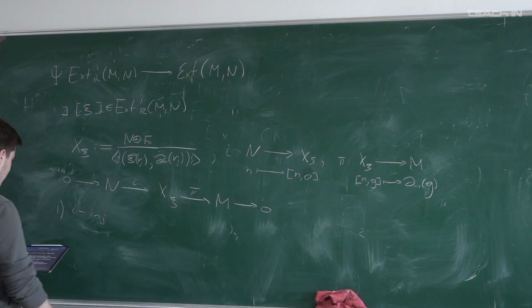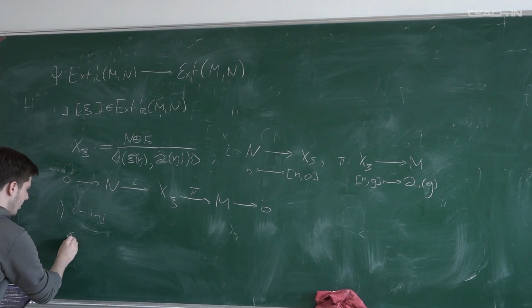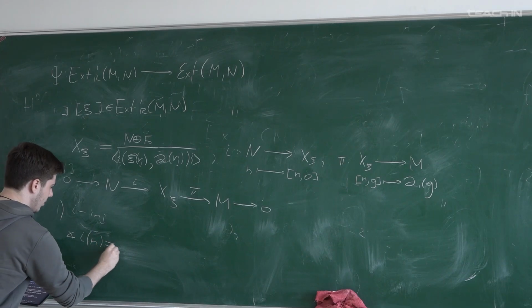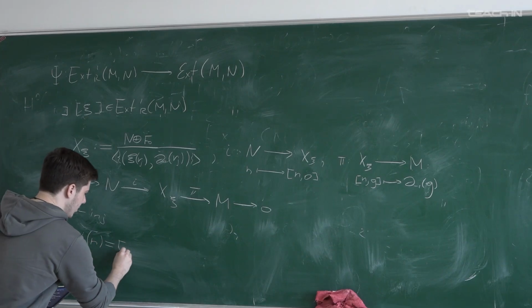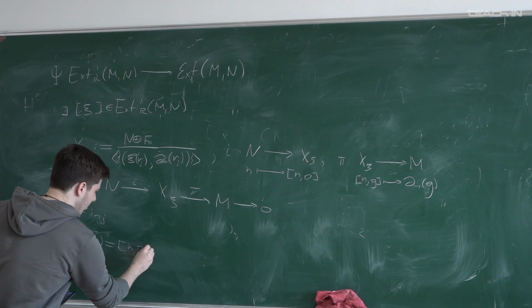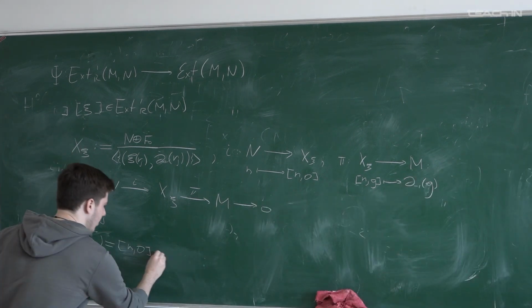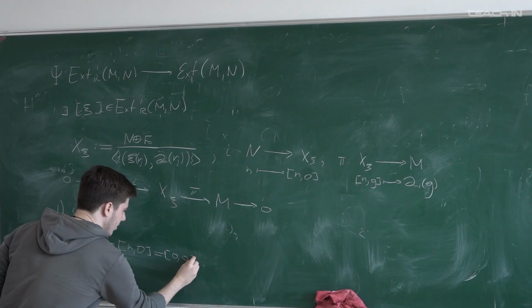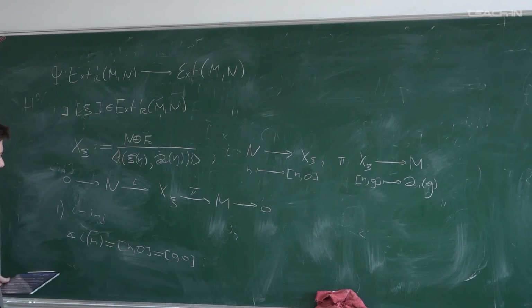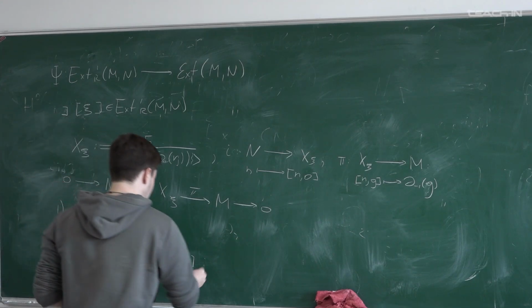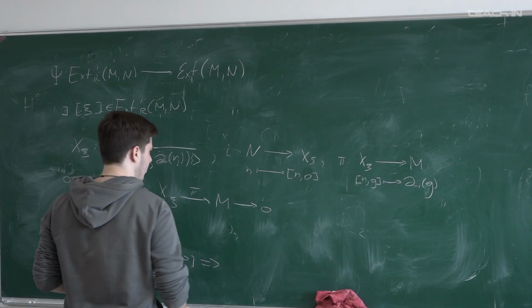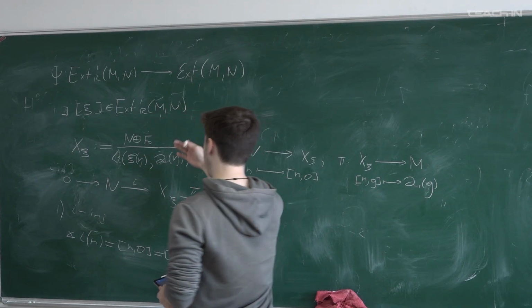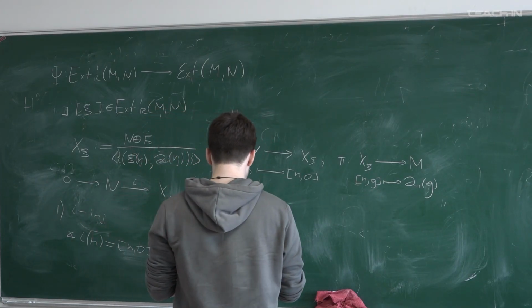To prove that, we consider some element that goes to 0. By definition, this means that it must be an element from the quotient.